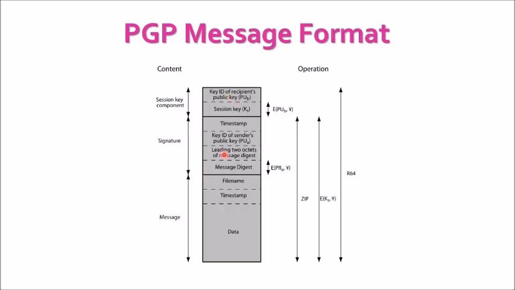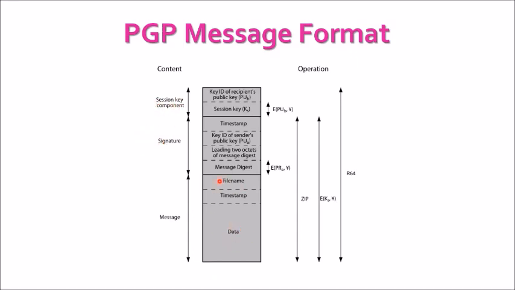This diagram illustrates the format of a transmitted PGP message. A message consists of three components. One is the message component, the second is the signature component, which is optional, and the third is the session key component, which is also optional.